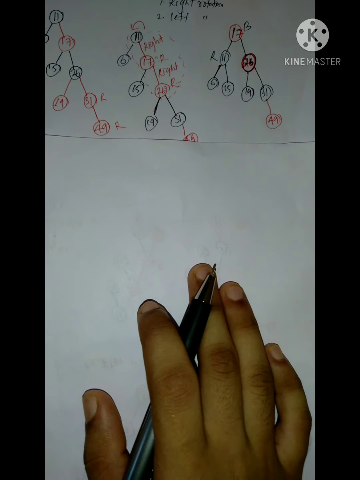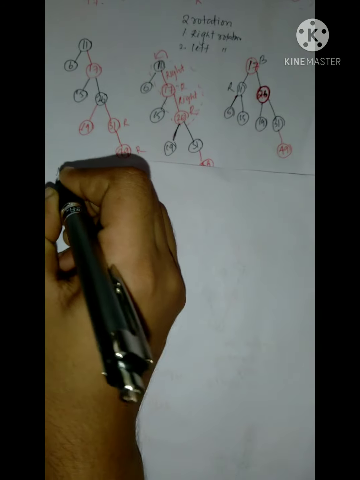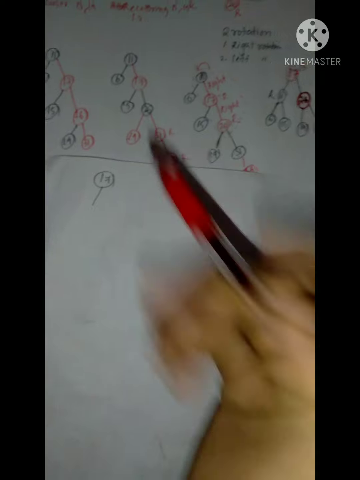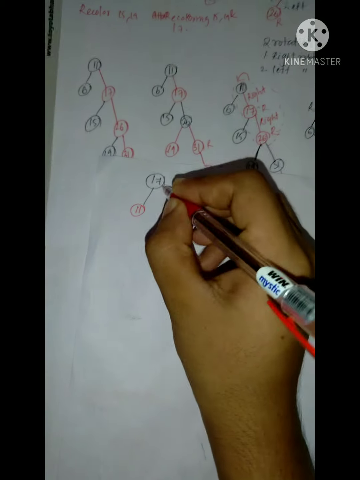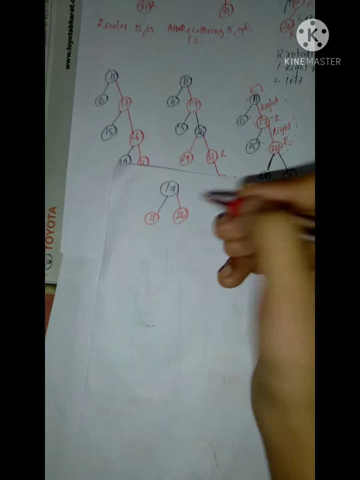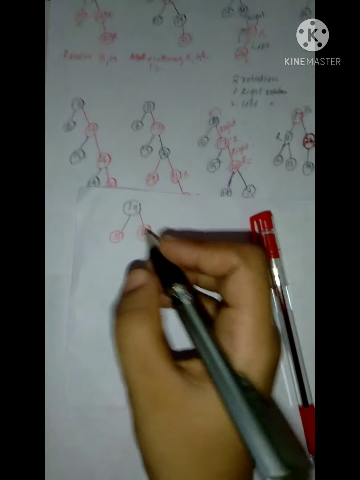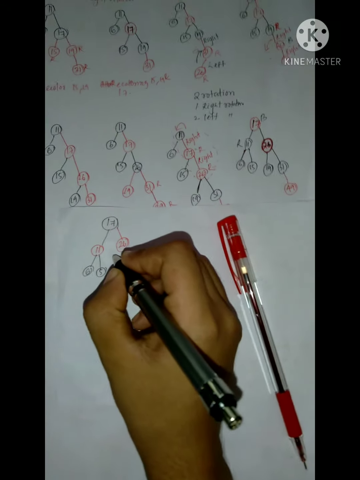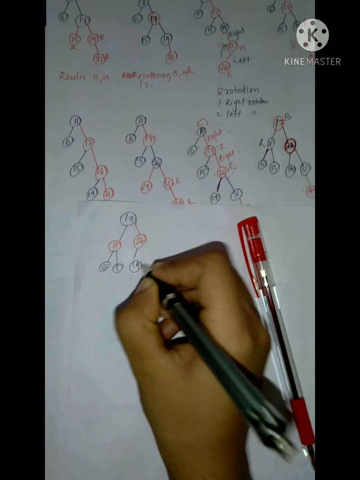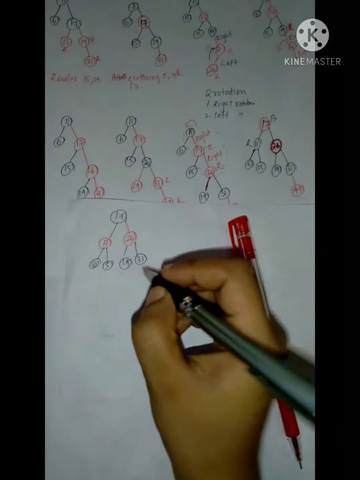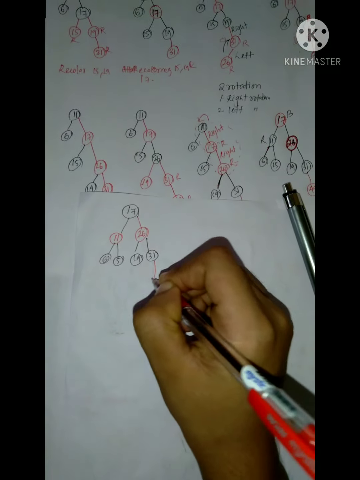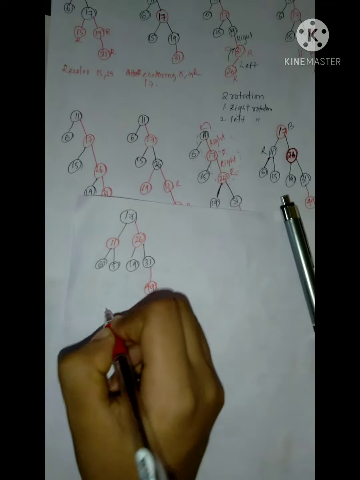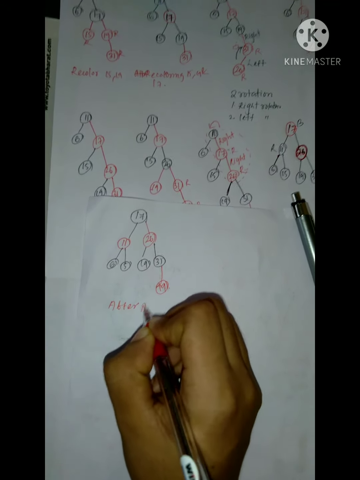After performing the color changing, we get 17 as black and 11 as red, then 26 as red, 6 and 5 as black, and 19, 31 as black, and 49 as red after recoloring.